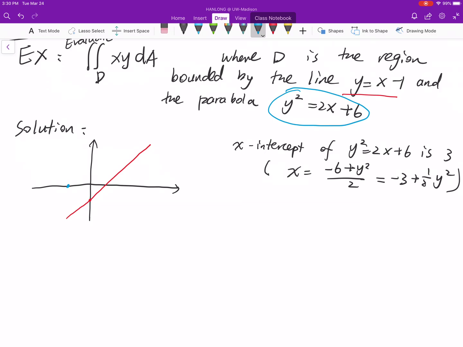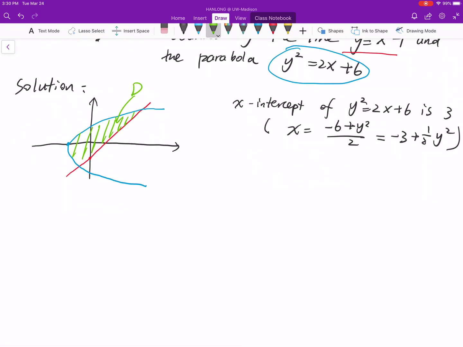Okay, then you will have this type of region. So this is your domain D. Then you notice that if we view it as a type 2 domain, it's easier.